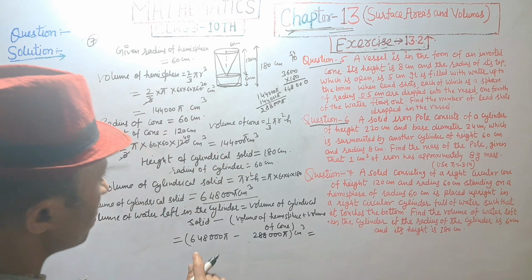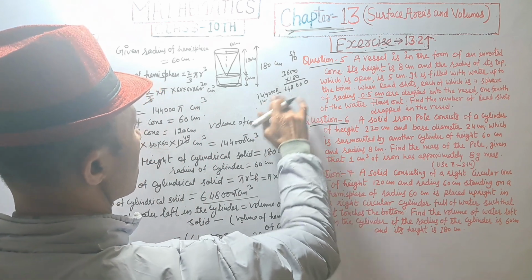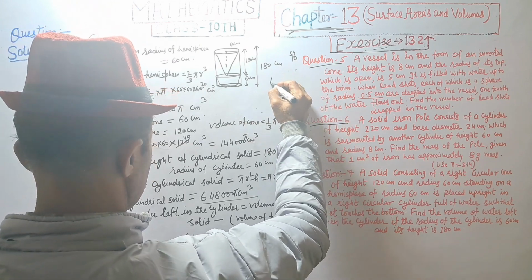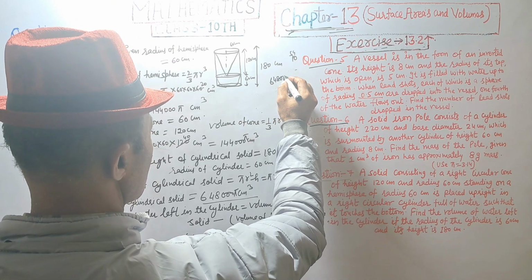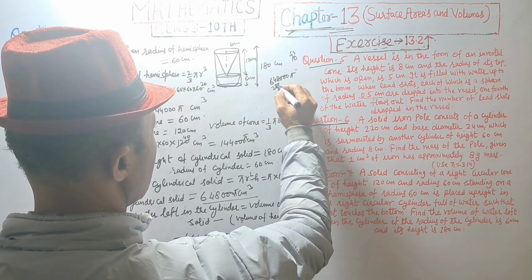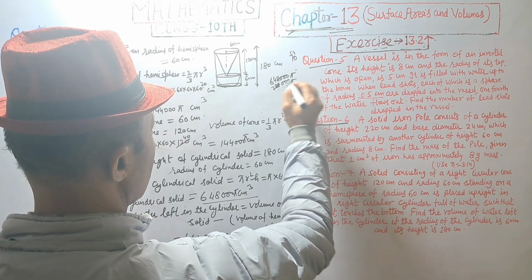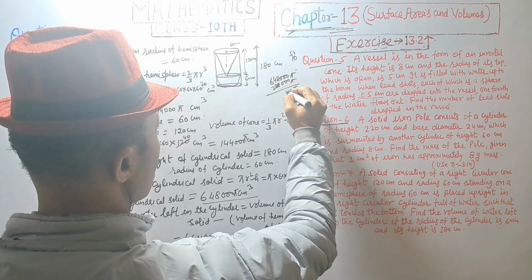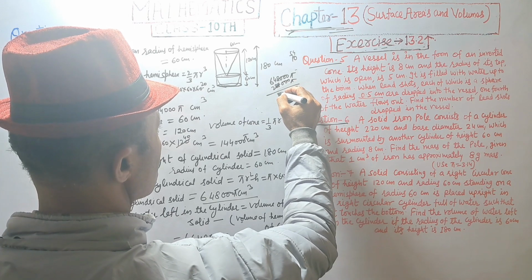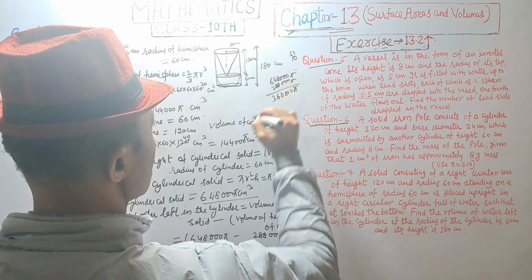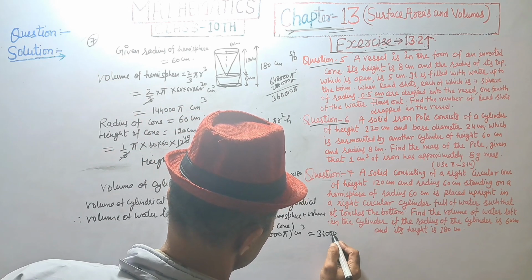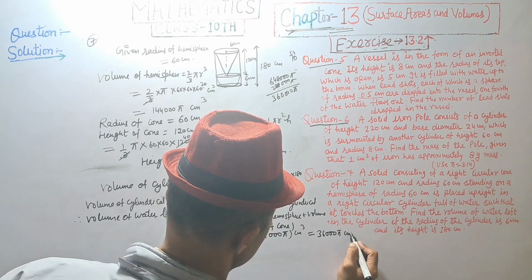So it is equal to 648,000 pi minus 288,000 pi. We get 360,000 pi centimeter cube.